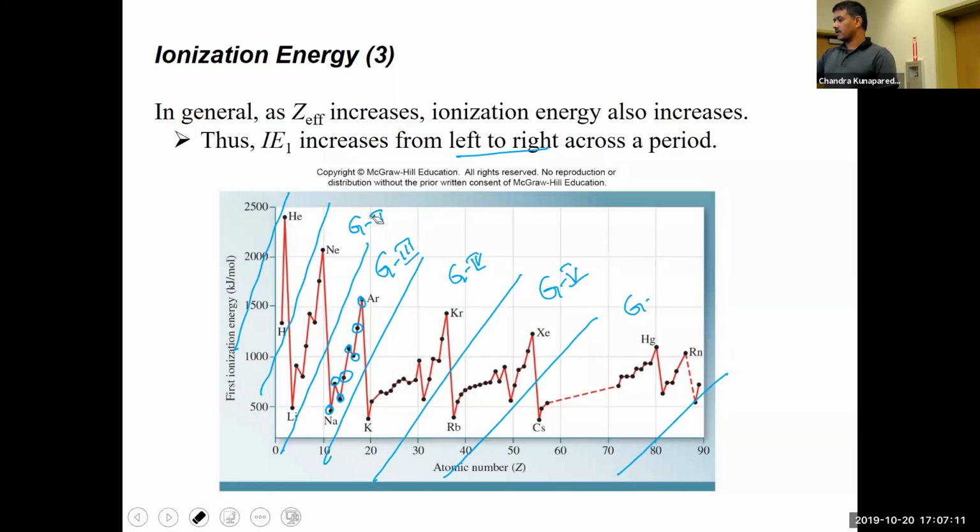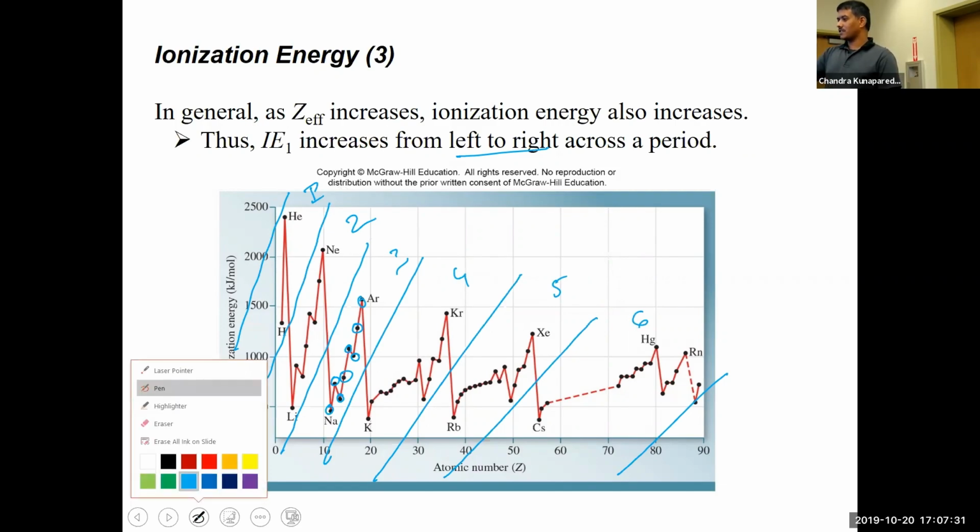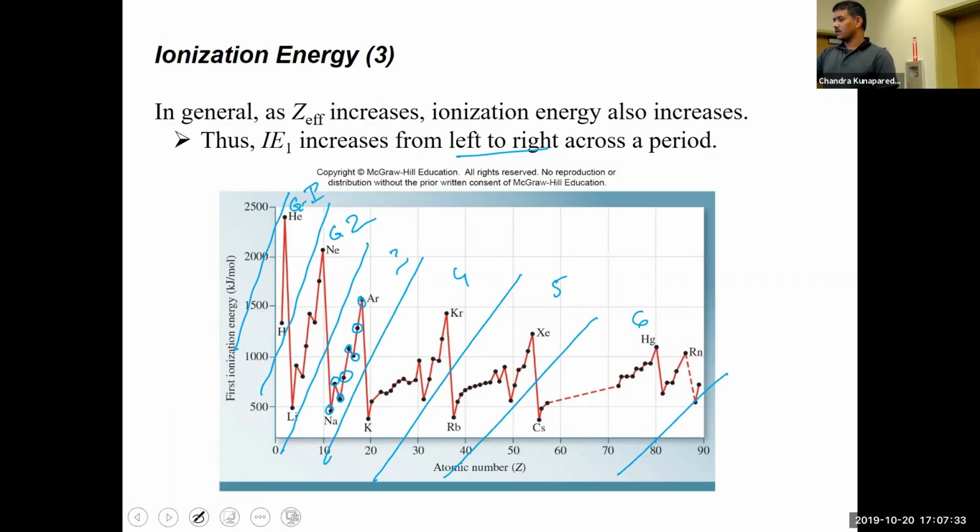Instead of calling them group 1s, they were actually periods. 1, 2, 3, 4, 5, 6. Wait a minute, are they? No, actually I'm right, sorry. I can just add Z then. Yeah, group 1, group 2, group 3, group 4, group 5, and group 6, right? So ionization energy increases across a period from left to right.